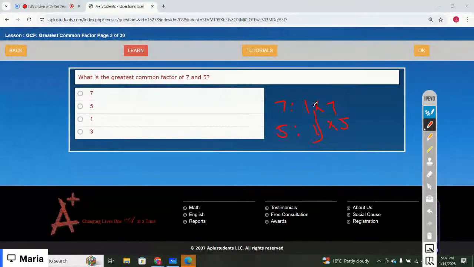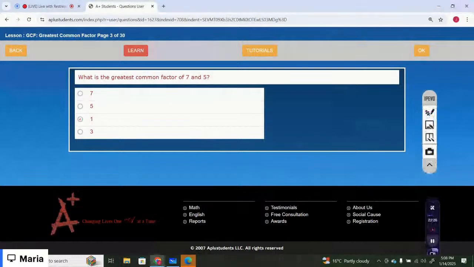So the only common factor of 5 and 7 is 1. The correct option is 1. Option number 3 is the correct option.